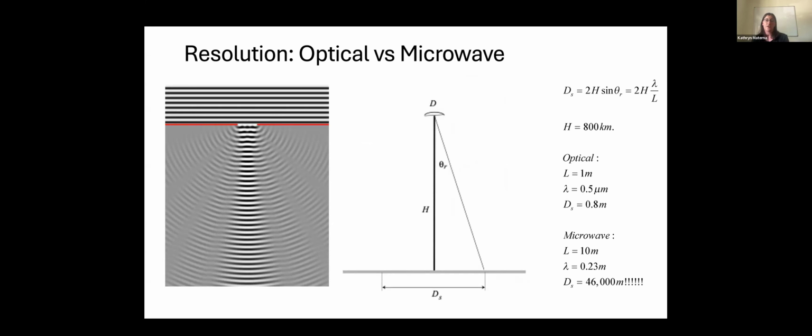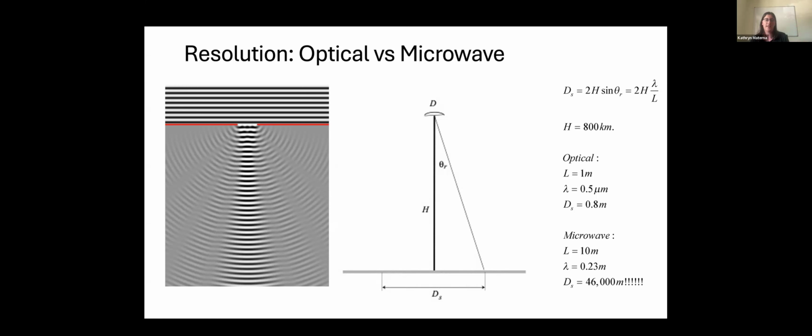And if the satellite is 800 kilometers above the ground in low Earth orbit, we have a calculated resolution on the ground of 0.8 meters. So the size of this beam, which is the distance between the two zero crossings in the single slit diffraction experiment, is on the order of 1 meter, and that's our pixel size. So in the world of optical sensing with a 1 meter antenna, this pixel size is actually quite small, and so we can take high resolution images from space in the optical band.